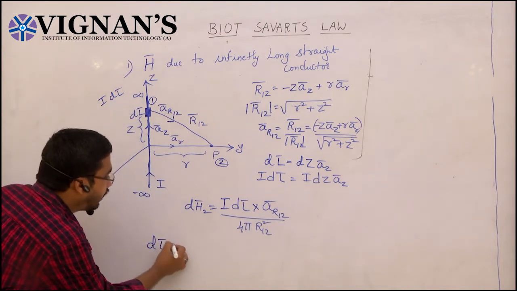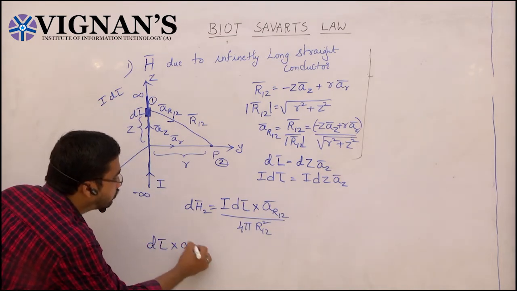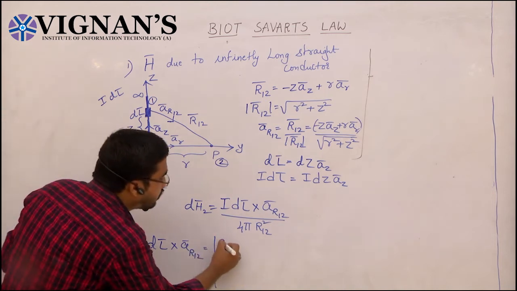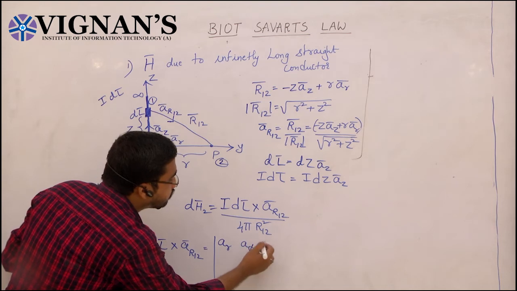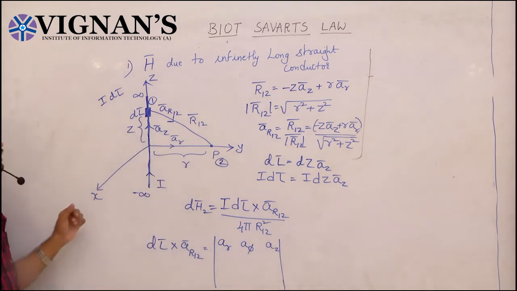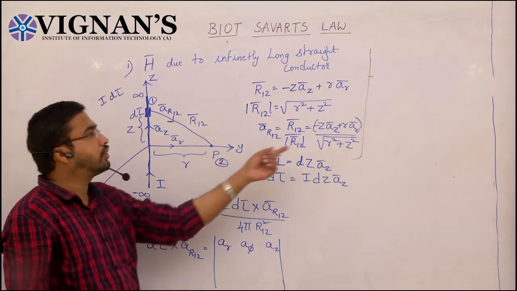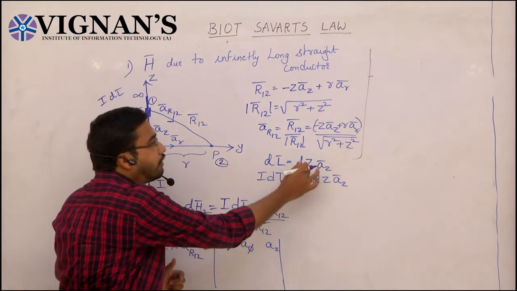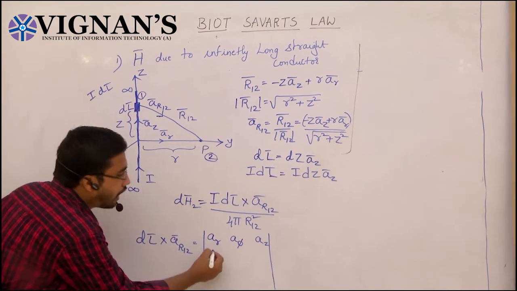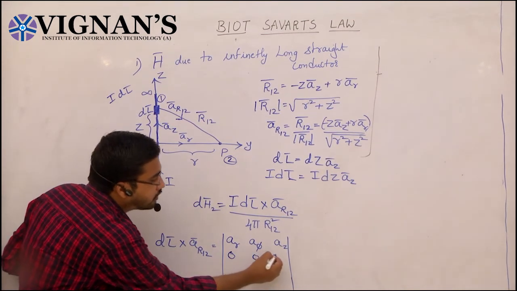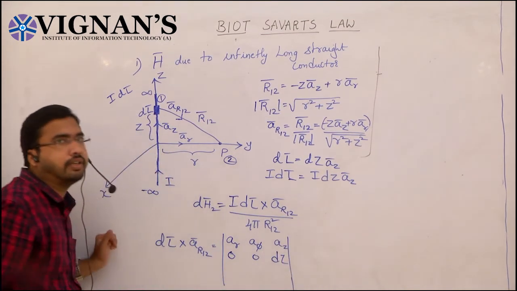So if you want to find dl bar cross AR12, simply take the determinant of, if you consider cylindrical coordinate system, AR, A5 and AZ. In cylindrical system, first which components are present here? In your dl, you are having only dz. So r and phi components are zeros, and here you will be having dz.